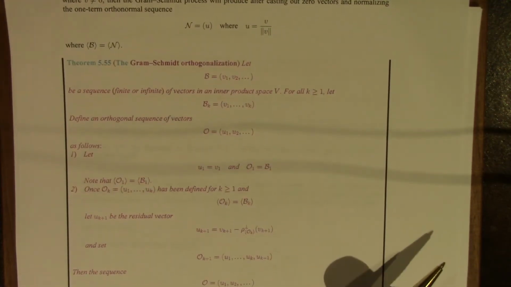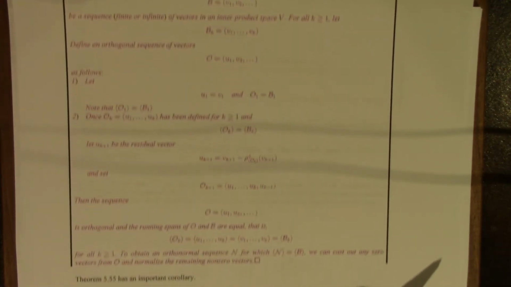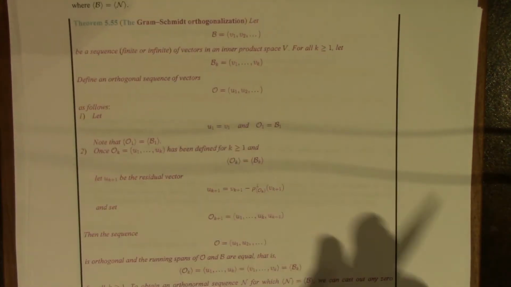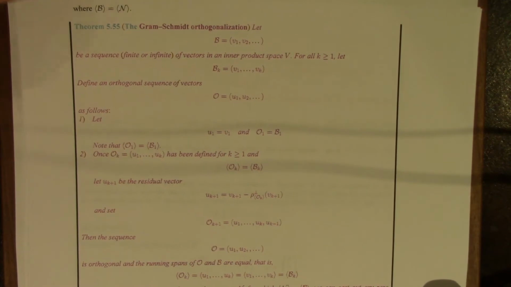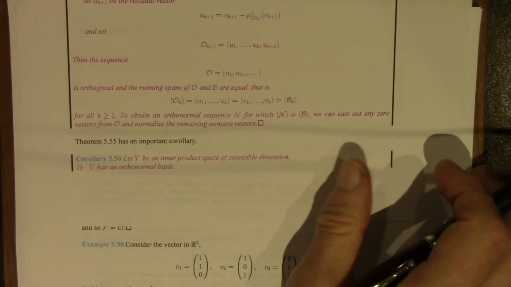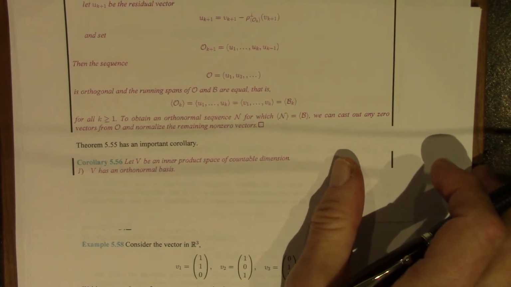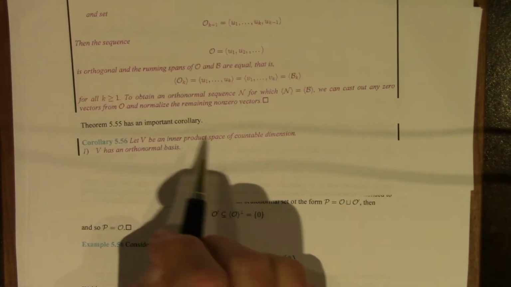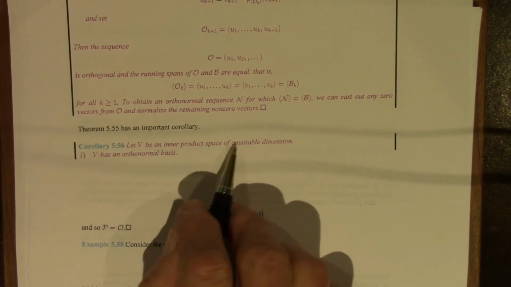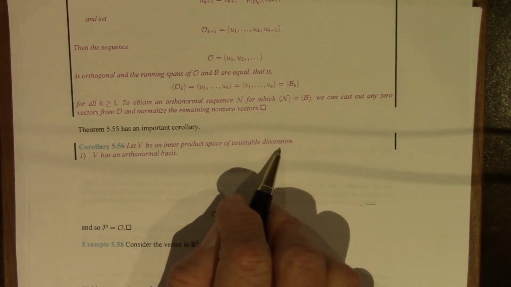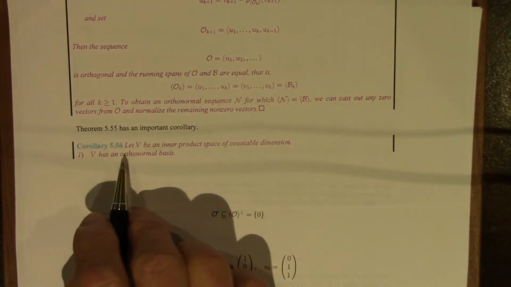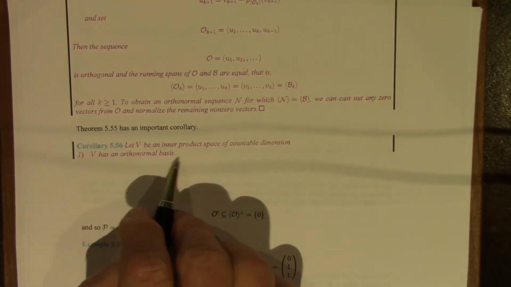Okay. Here is the theorem that summarizes everything we've just discussed, so I won't go through it again. This theorem, the Gram-Schmidt process, does have an important corollary with respect to inner product spaces of countable dimension. As I mentioned before, V has an orthonormal basis.